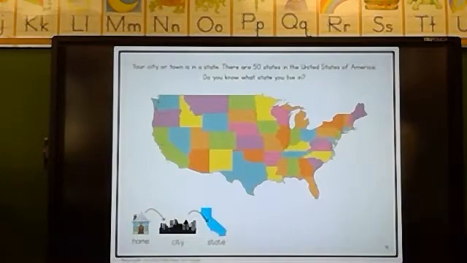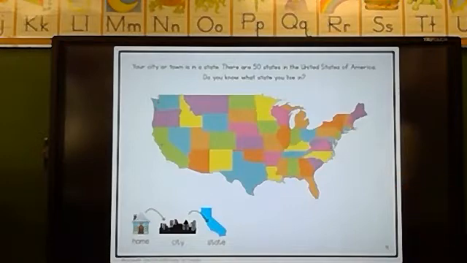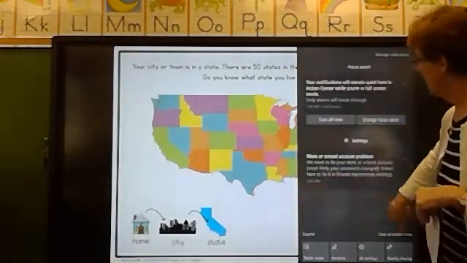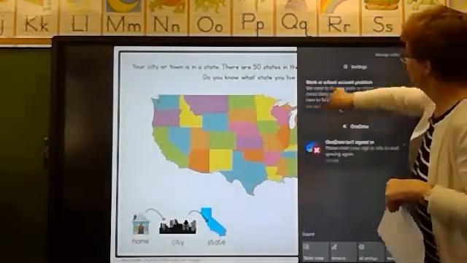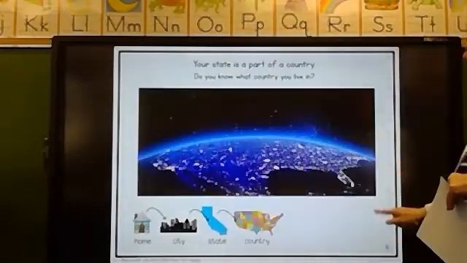There are 50 states in the United States of America. Do you know the state that you live in? We already talked about that. We know that we live in the state of Florida.